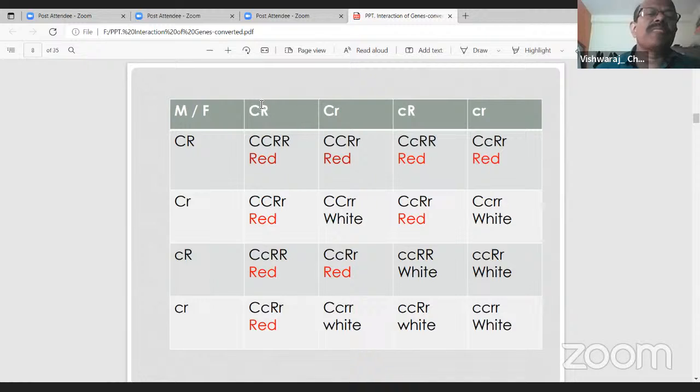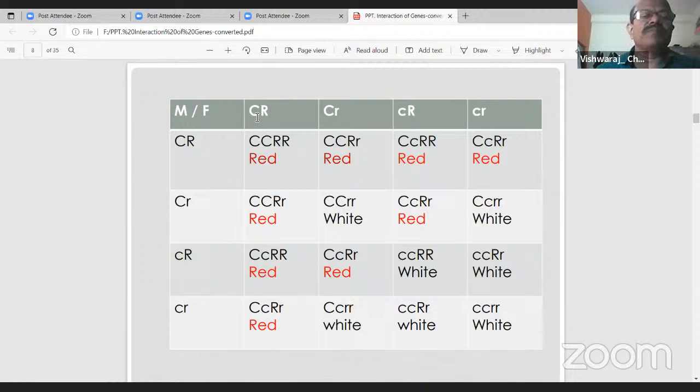Female capital C, male small c, female capital R, male capital R, red color. Then female capital C, male small c, male capital R, female small r, red color. Female small c, male small c, female capital R, male capital R, white color. Then female small c, male small c, male capital R, female small r, white color.